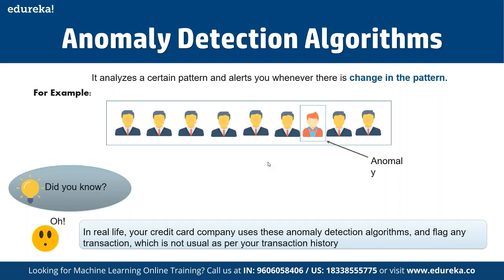Let's say we have been purchasing mostly from our own country, with no cross-country transactions. If some transaction happens from some other country, that is going to trigger the alarm. Even within our own country, if we have been conducting transactions only from our own city and none from any other city, that is going to trigger what you can call abnormal behavior.